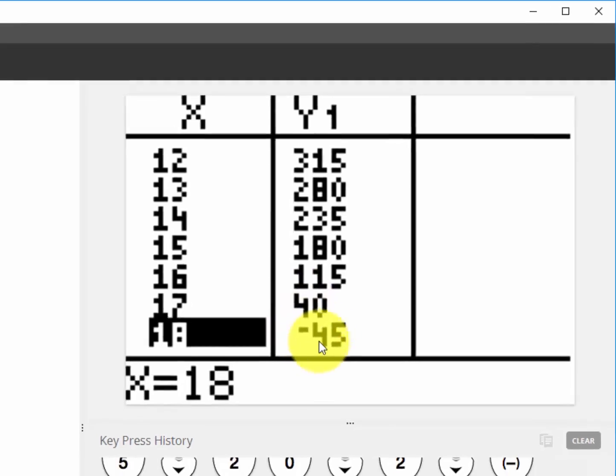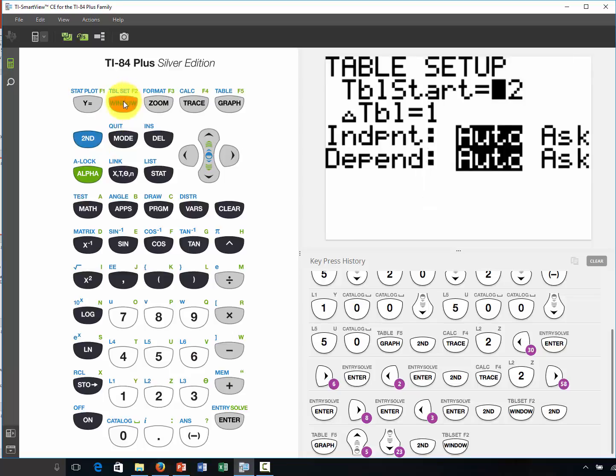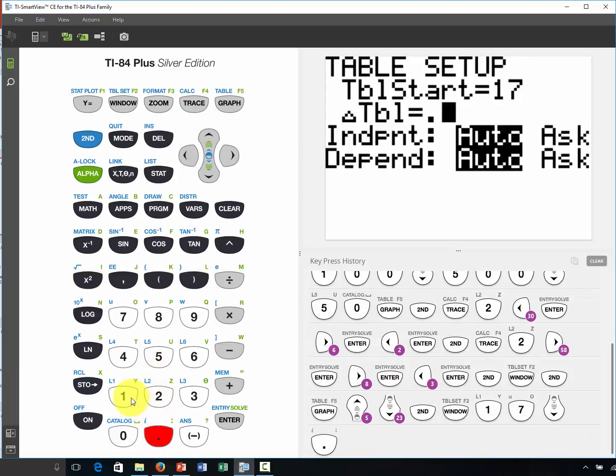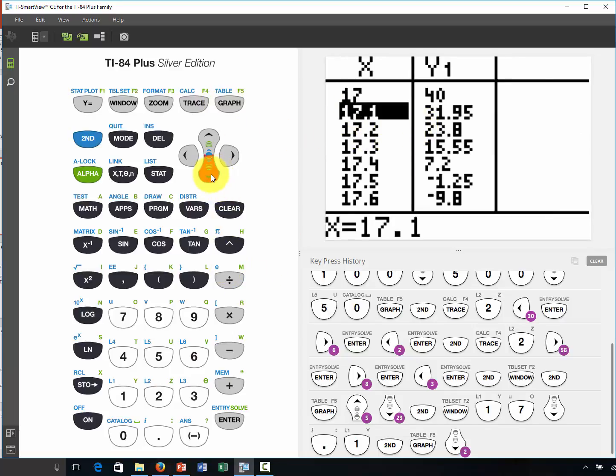If we need a more precise number, we can always go to table set. Let's start it at 17 and let's count by 0.1. And again, we're looking for that sign change.